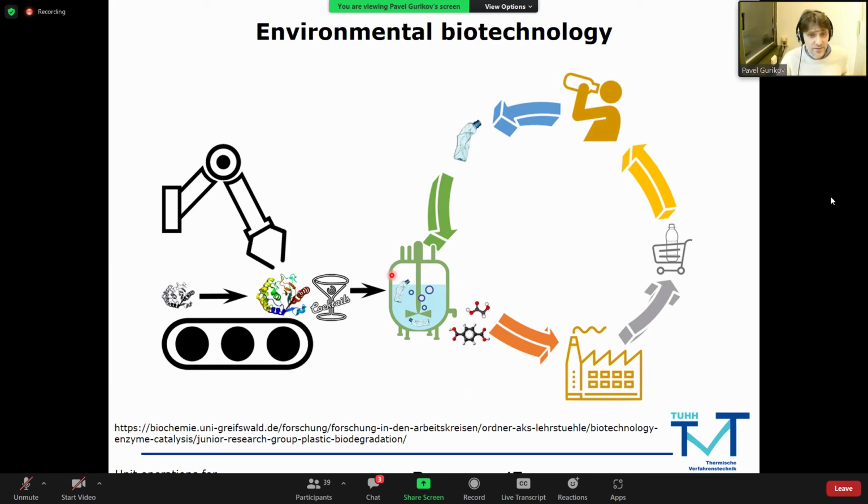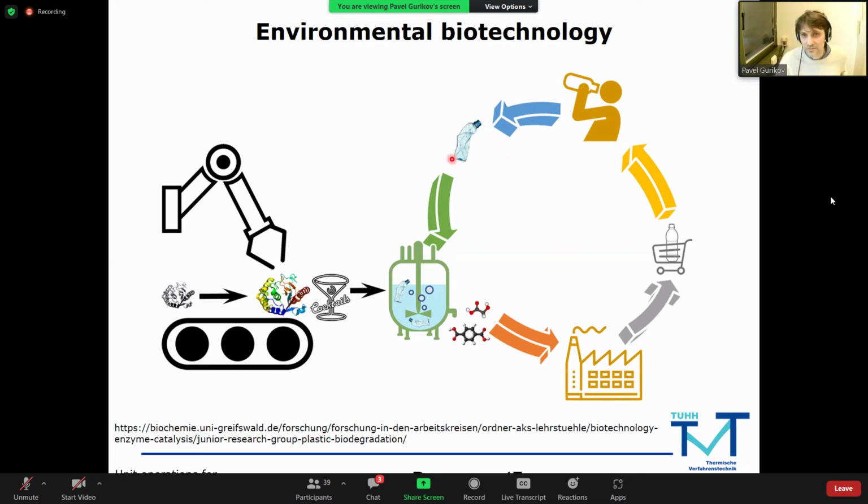And this is, again, an extremely big topic, and many companies are now on the way to find more robust, more stable enzymes. Such pictures always show a very clear picture: pure water and a few plastic PET bottles floating there. That is not true. You know what garbage looks like.